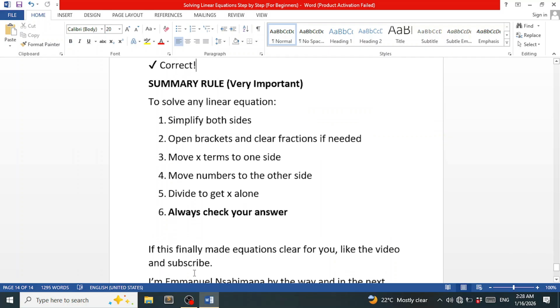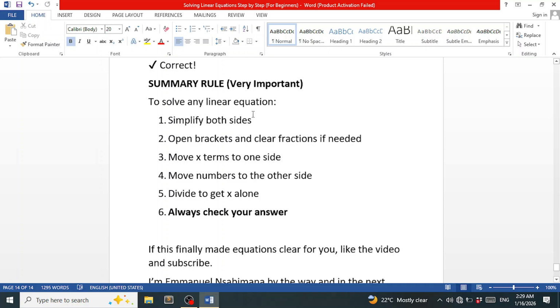So here is the summary. It is very important, and it is going to guide you and help you along this journey of learning and mastering how to solve linear equations. To solve any linear equation, you're going to do this. One, simplify both sides like I showed you.